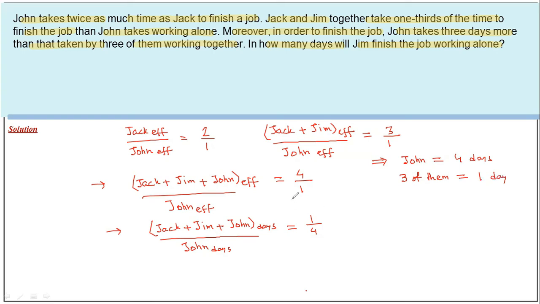Also, from the first condition, we can say that number of days taken by Jack to number of days taken by John, this ratio is 1 by 2, so that will be 2 by 4. So 2 days for Jack and 4 days for John.